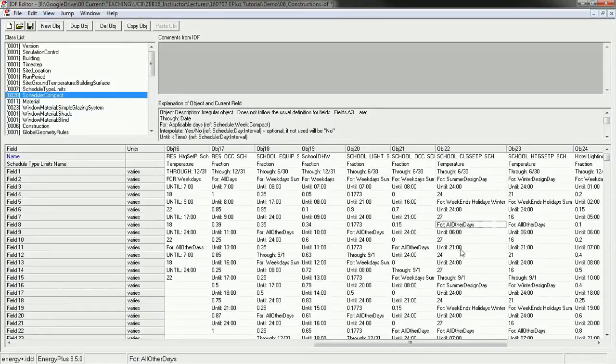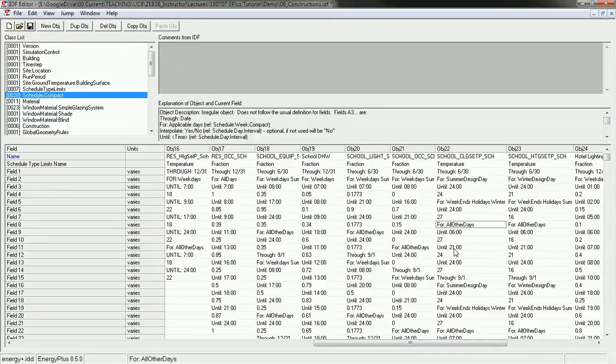So let's start here because this is probably easiest to understand. The way this works for school is that from January 1st to June 30th, for all other days, meaning weekdays, from midnight until 6 a.m., the thermostat is set for 27 degrees.